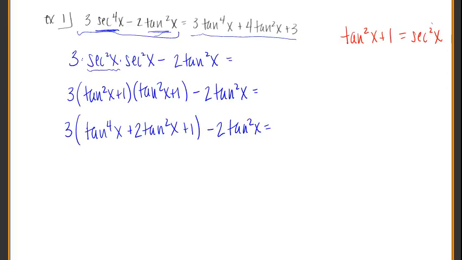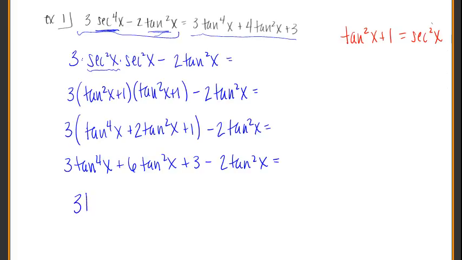Okay, distribute the 3 inside, so 3 tangent to the 4th x plus 6 tangent squared x plus 3 minus 2 tangent squared x. And finishing up, combining all of our like terms, we have 3 tangent to the 4th, 6 minus 2, so a total of positive 4 tangent squared x, plus 3. And if we look where we're trying to get to, it looks like we got it, so I'm going to check it off.